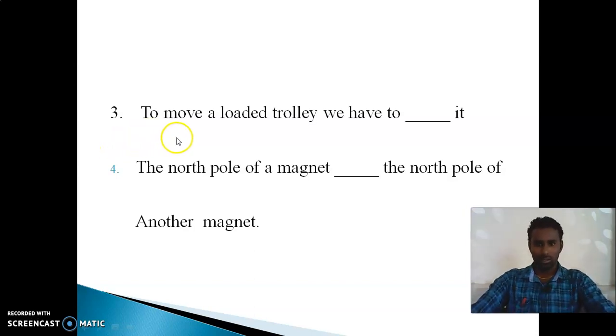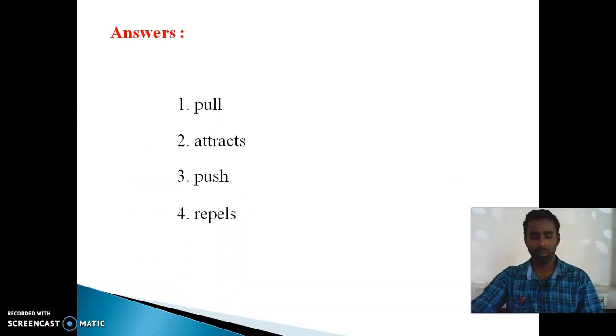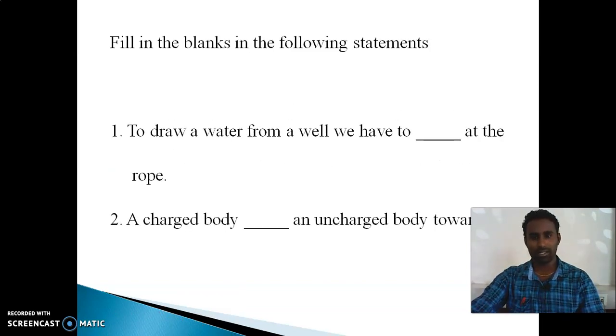The north pole of a magnet dash the north pole of another magnet. Now the questions are understood, no? Now I am going to give some options. From the suitable option you can place that in the blanks which are given.